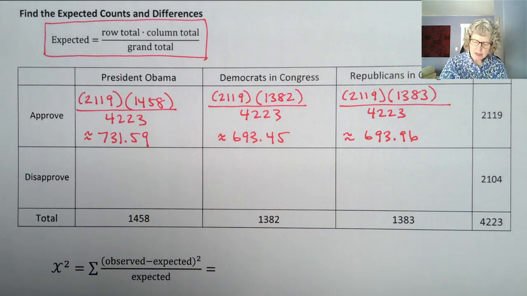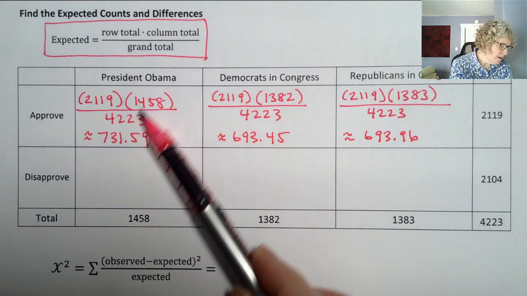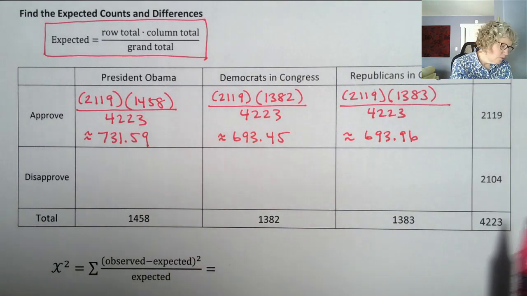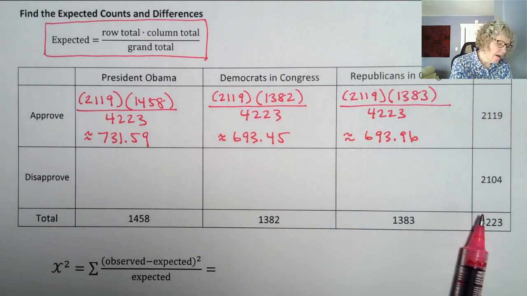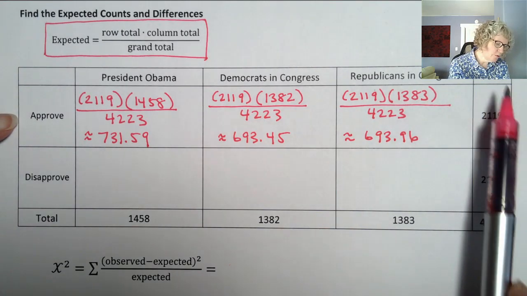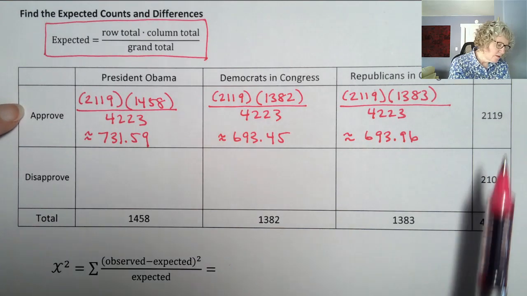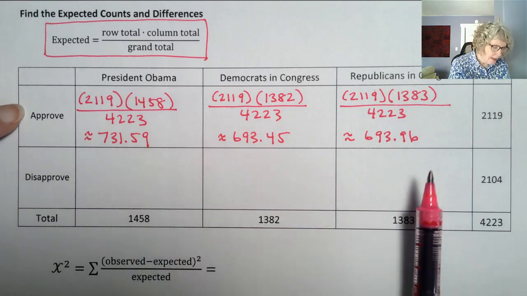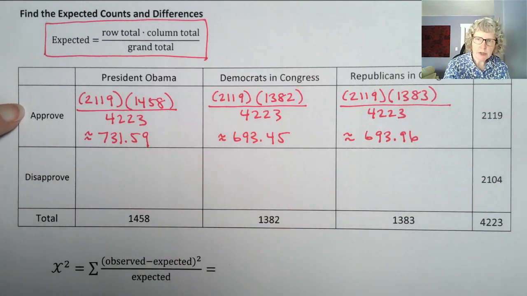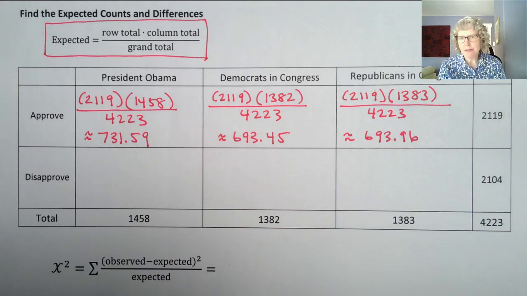So have you figured out what's going on here? Think of this 2119 out of 4223. That is the overall approval rate. Now, if this is roughly the same in each job, that is, independent, we would expect those to be about the same. Not exactly, because it's empirical data, not theoretical, but approximately the same.